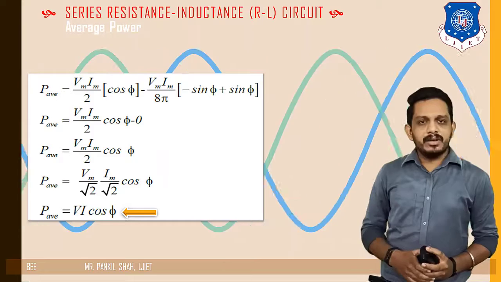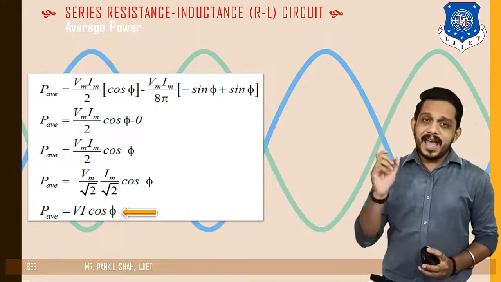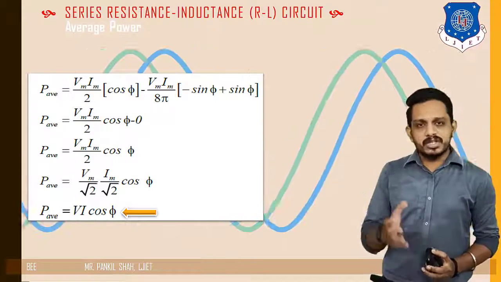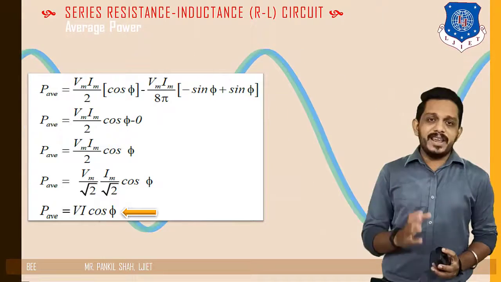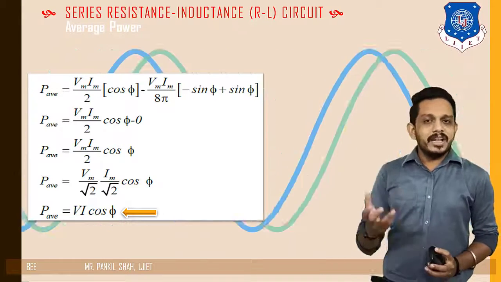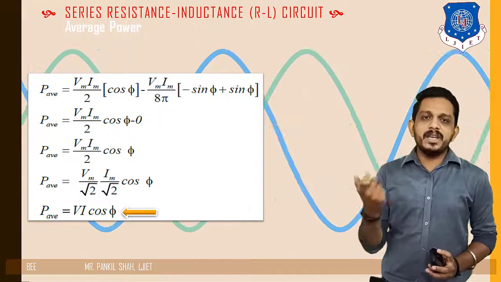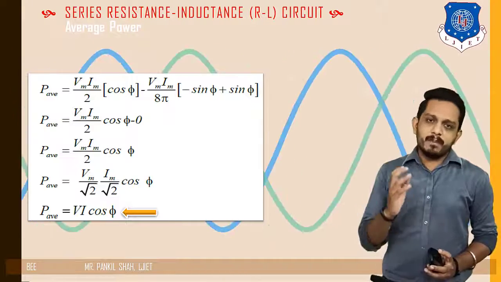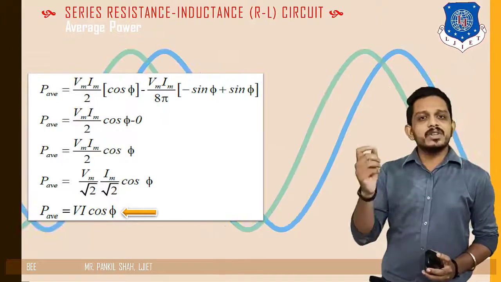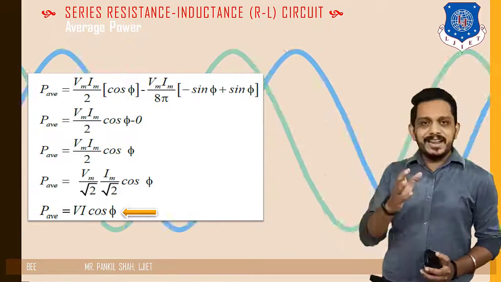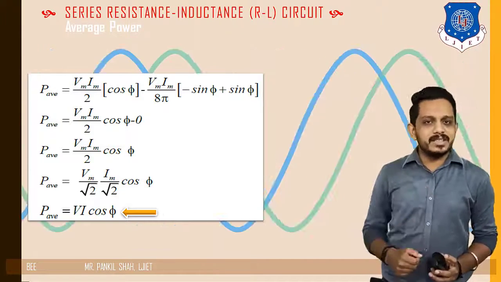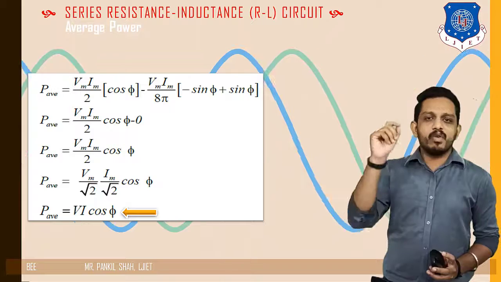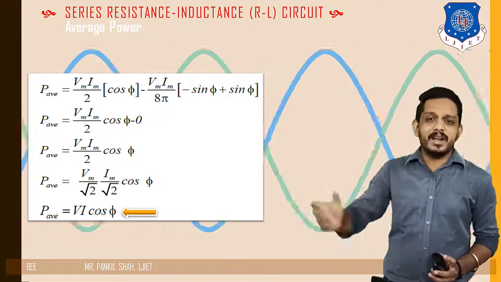In the case of a pure resistive circuit, the angle between voltage and current was 0. So if you put phi equal to 0 in this equation, then you get the average power P equal to VI. In the case of a pure inductive circuit, the angle was 90 degrees. So if you put 90 degrees in this equation, then cos 90 is 0. That's why average power was 0 in the case of a pure inductive circuit.